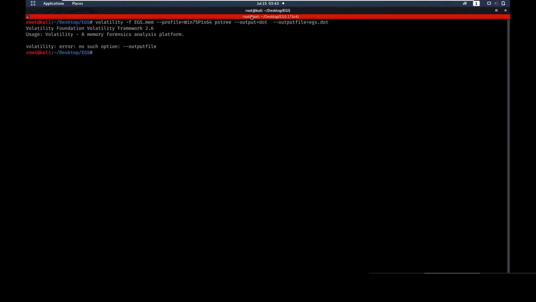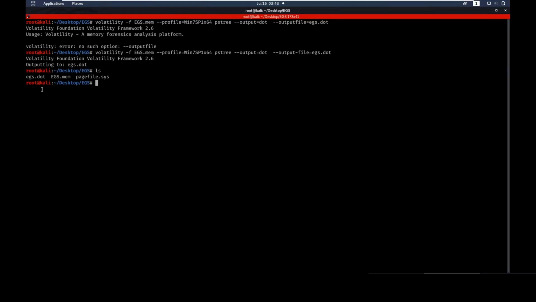Instead of asking Volatility to just give me the result in the console, I'm going to use the output-file option with a dot file, so I technically asked it to put the output in a file with the dot format.